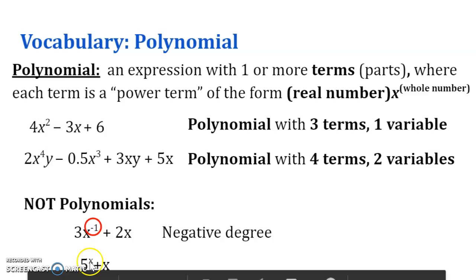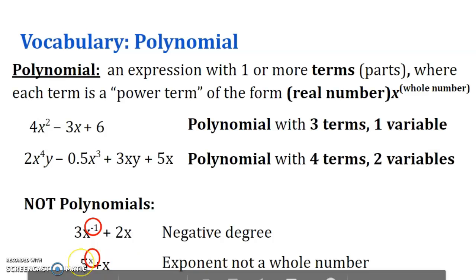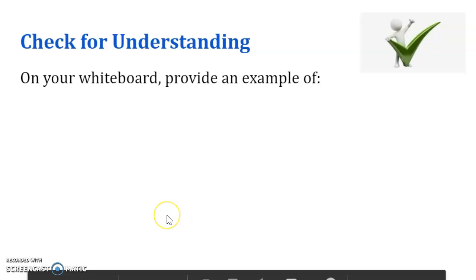Because 5 is being raised to the power of x. Remember, it says that x needs to be raised to a whole number, and x is not a whole number, it's a variable. Therefore, the exponent is not a whole number, so this is not a polynomial.